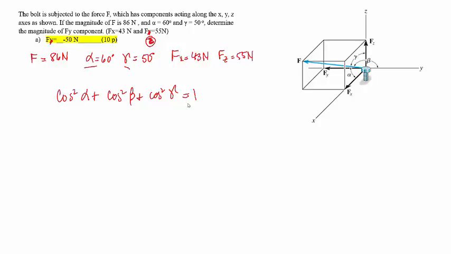And so we have alpha is 60, gamma is... so we have cosine square of beta equals 1 minus square of gamma minus square of alpha.